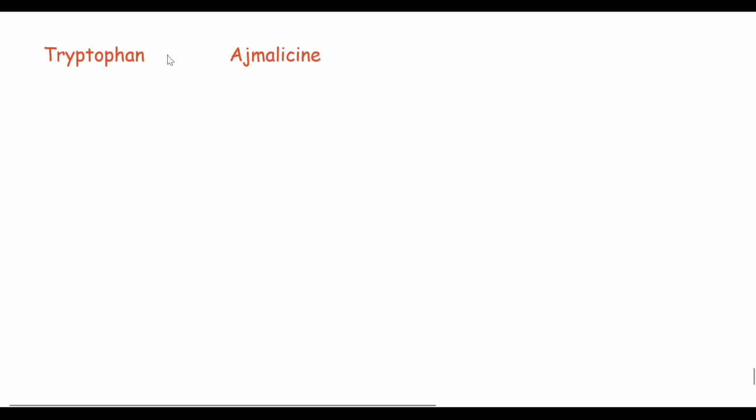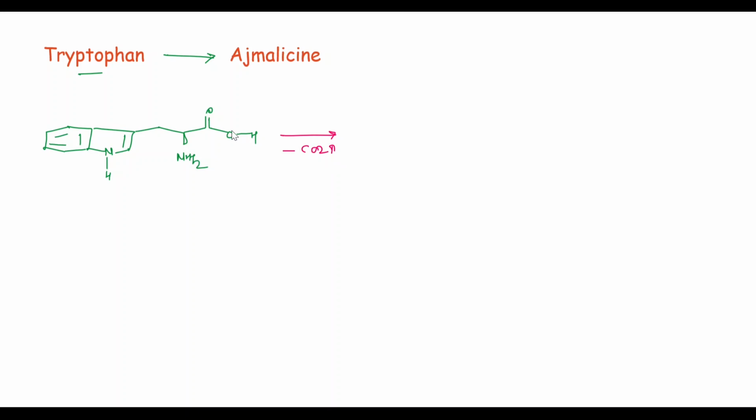Next we will see the biogenesis of Ajmalicine from tryptophan. So the first, from this L-tryptophan, loss of CO2 takes place and we get tryptamine.